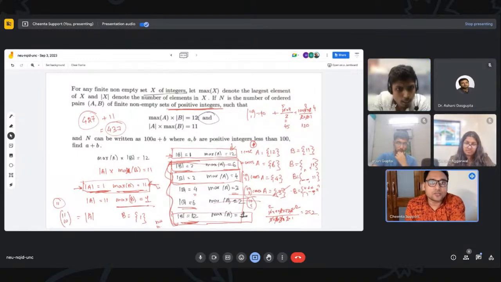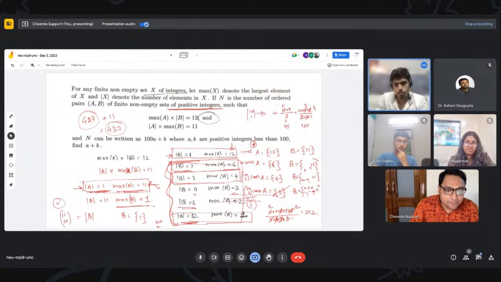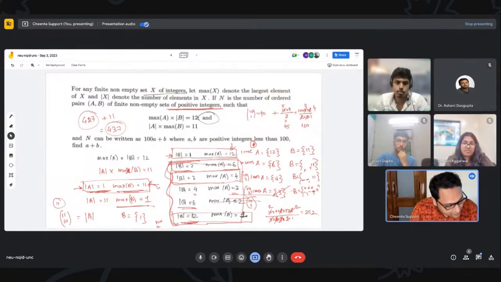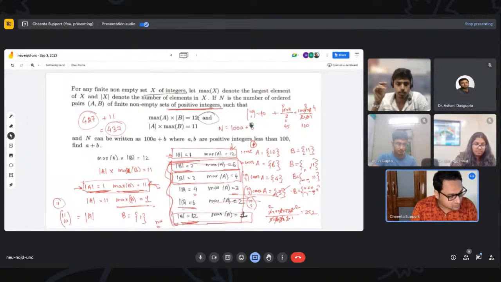The answer is not 437 because the question asks that N can be written as 100A plus B. Oh, I see. So 437. So N is 100A plus B. Now this is a bit confusing for me because A and B are positive integers less than 100.